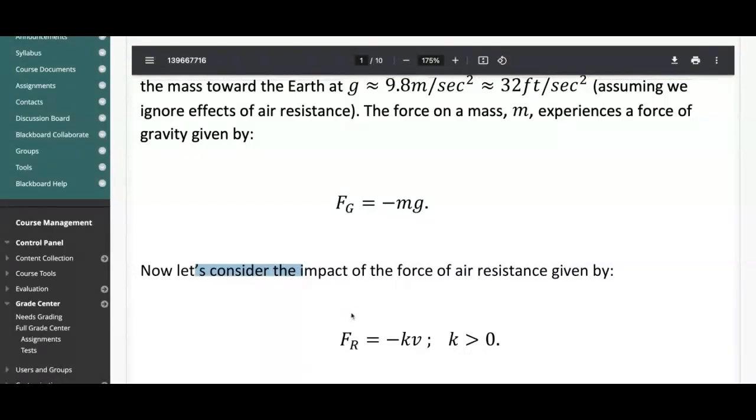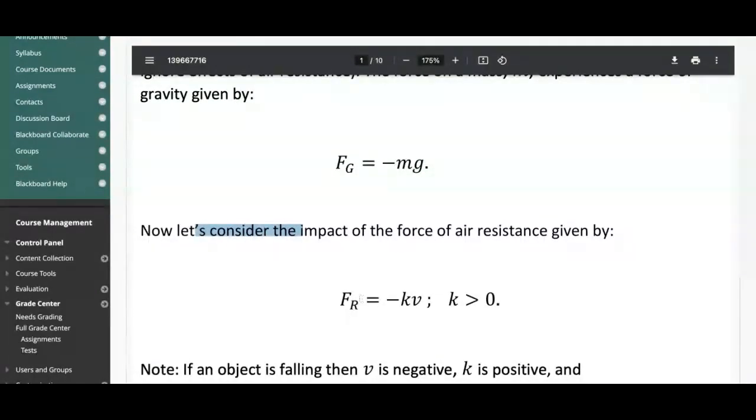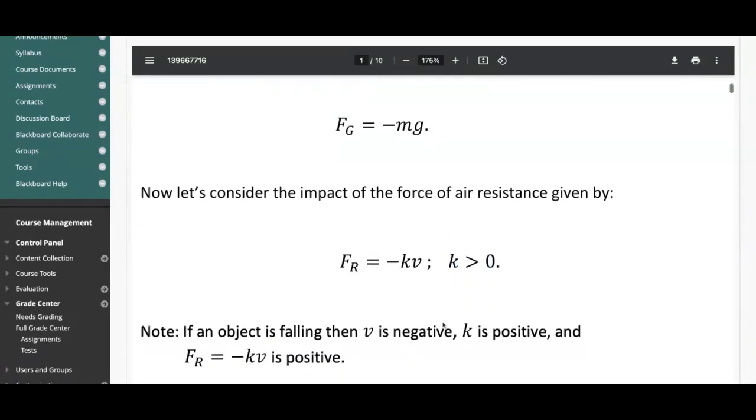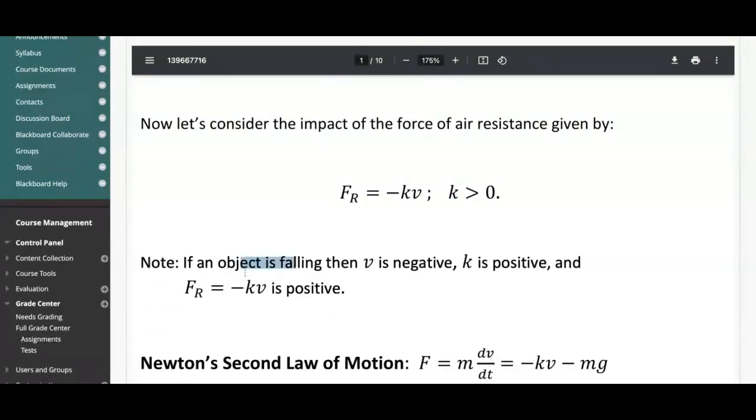Now let's consider the resistance. So we have this equation, where k itself is a positive number. If the object is falling, then v is negative, k is positive, so negative times negative is positive, negative times positive is negative.